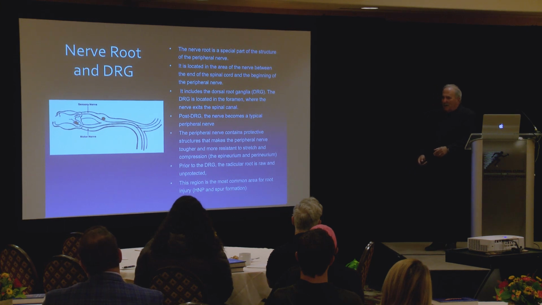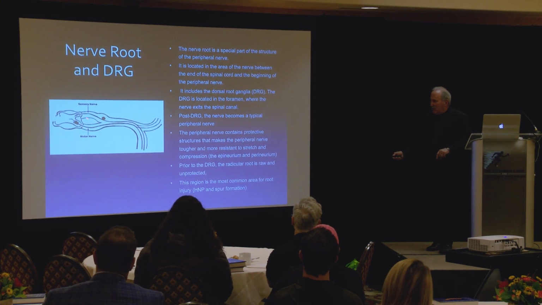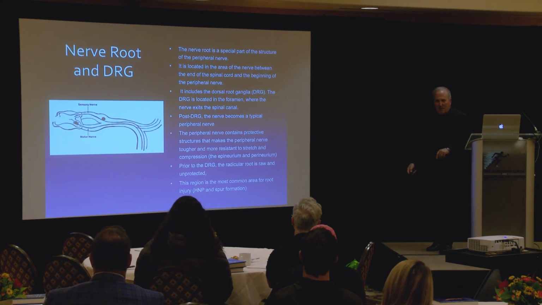So what is it about the spine that makes the nerve more vulnerable? And it is more vulnerable in the spine. Here's the cord, and then you have a nerve coming out from the front and the back. Do you guys remember what's front and back? Actually, the motor nerve is in the front, sensory is in the back, but that's okay. The sensory nerve and motor nerve join into the radicular nerve here, and this nerve before the dorsal root ganglion is not armored.